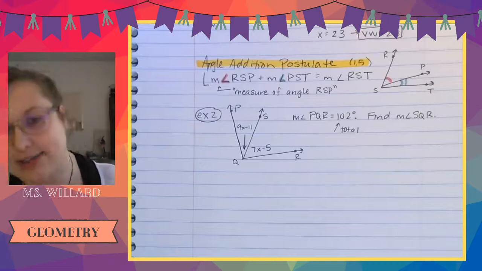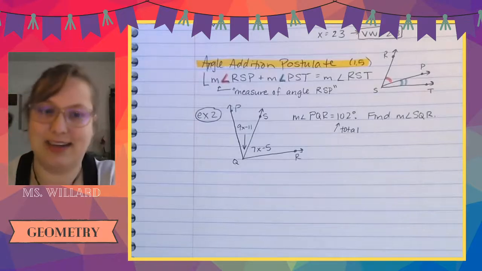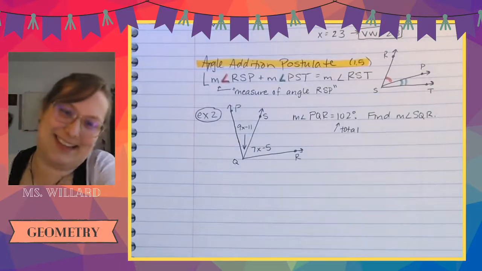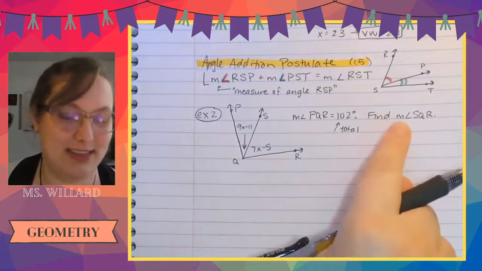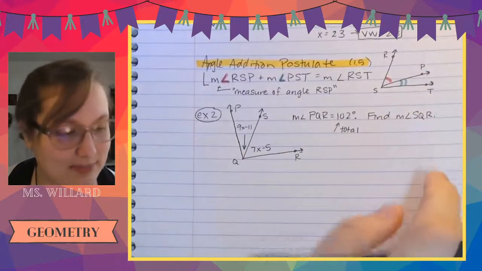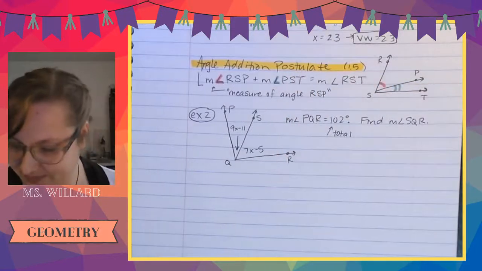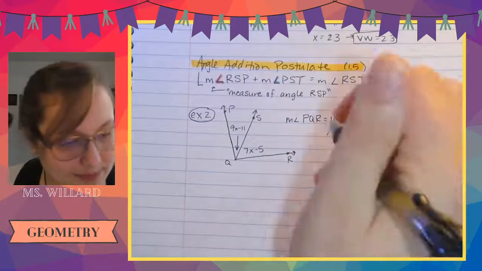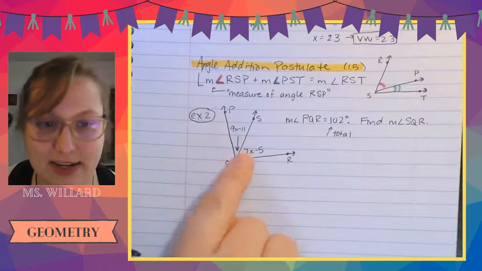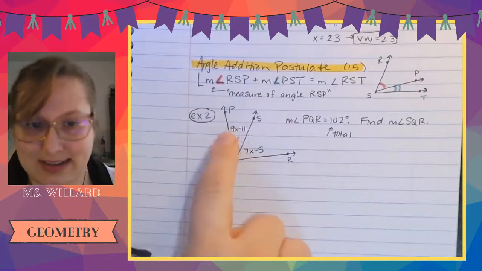Now, if I just say it's right here or it's 7x minus 5, that's not a complete answer. We're going to find the measure of it, the numbers that it is. So what I know is that these 2 added together equals the total, right? That's how it works.